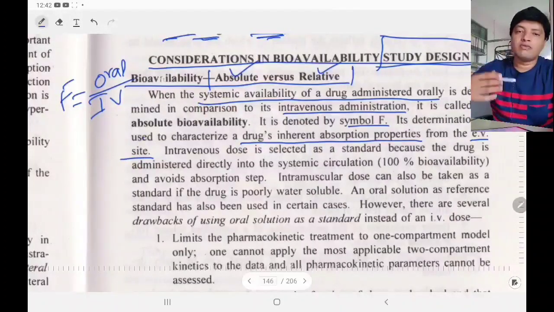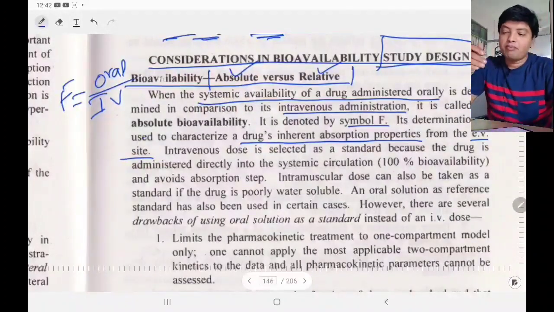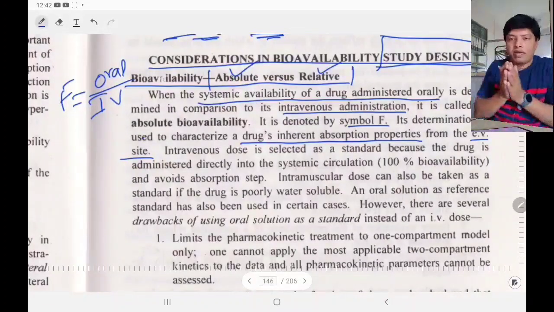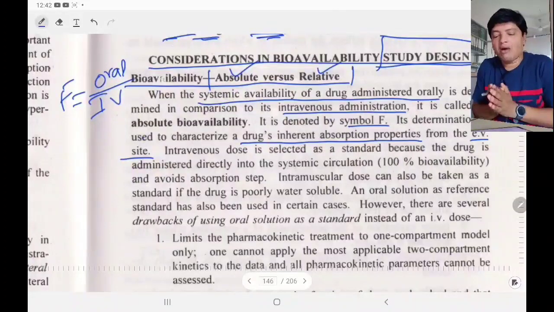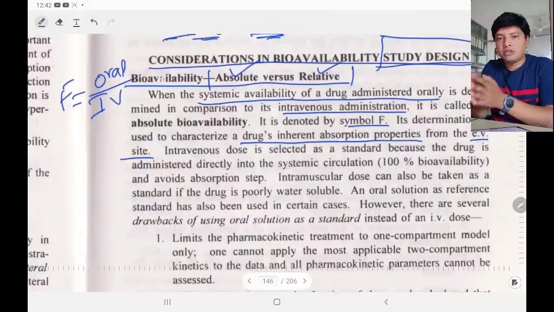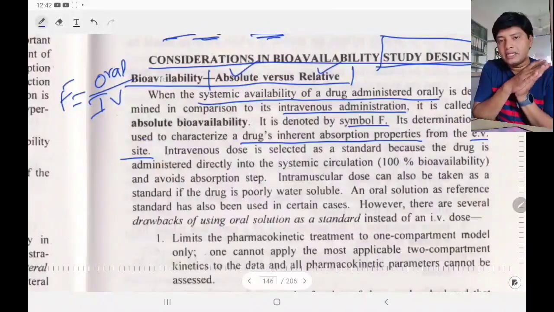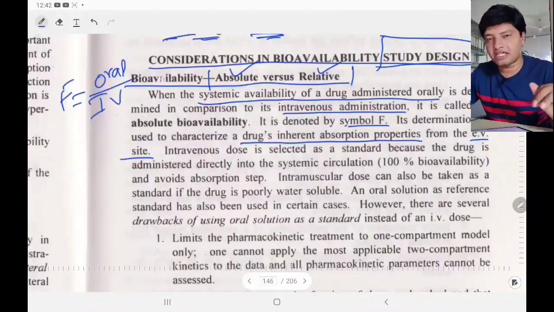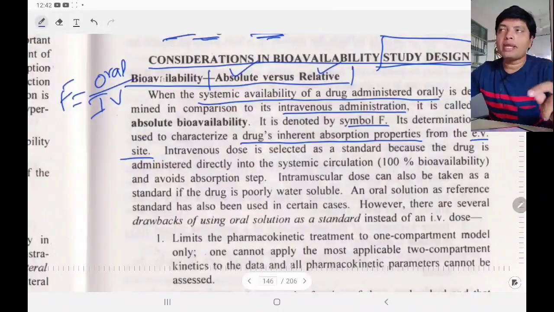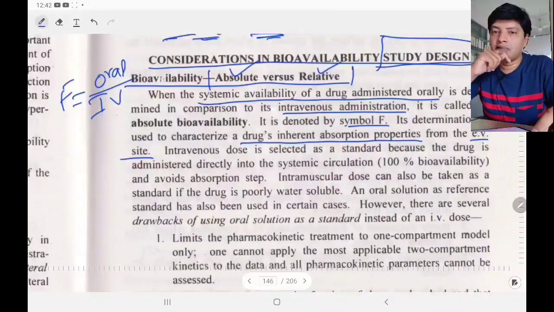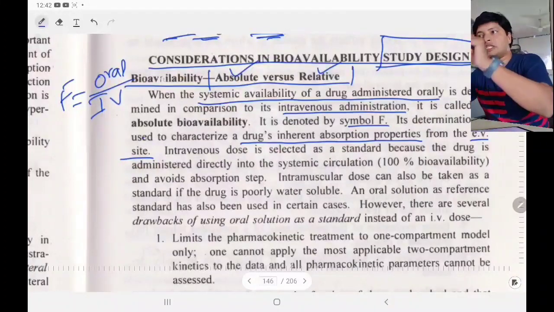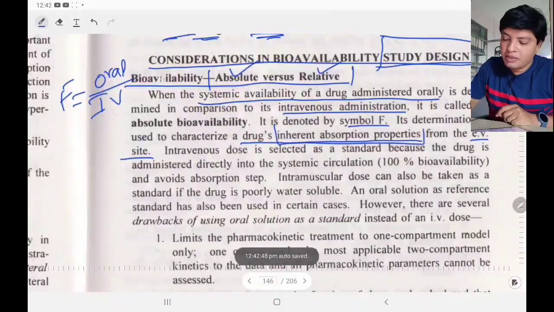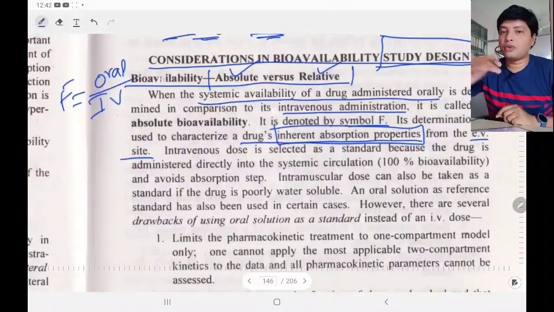Why are we conducting this type of bioavailability study design? Why are we conducting absolute bioavailability? Because we are giving the drug orally and systemically and testing the fraction, you will come to know that in the IV it is absorbed 100%, but when I give it orally, it is absorbed only this much percent. Then we will come to know the inherent absorption properties of the drug through extravascular routes.